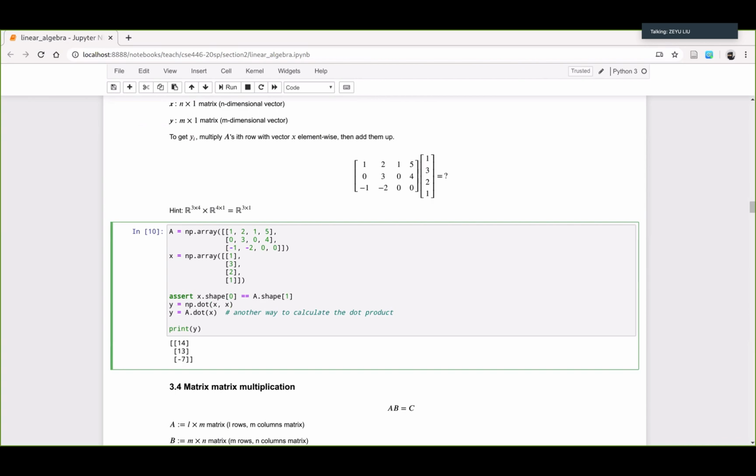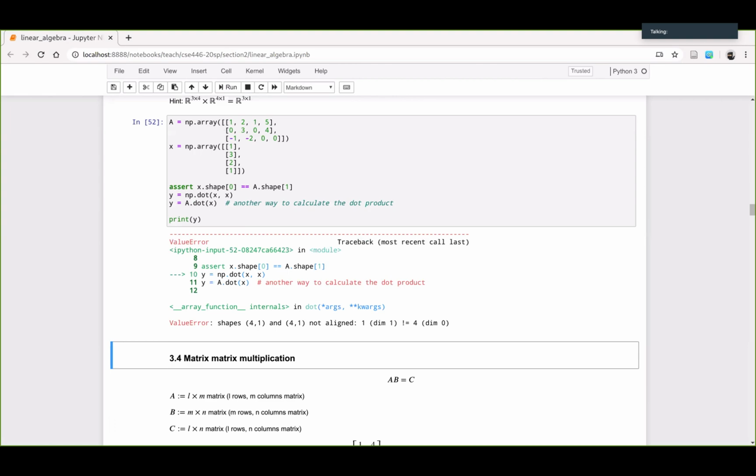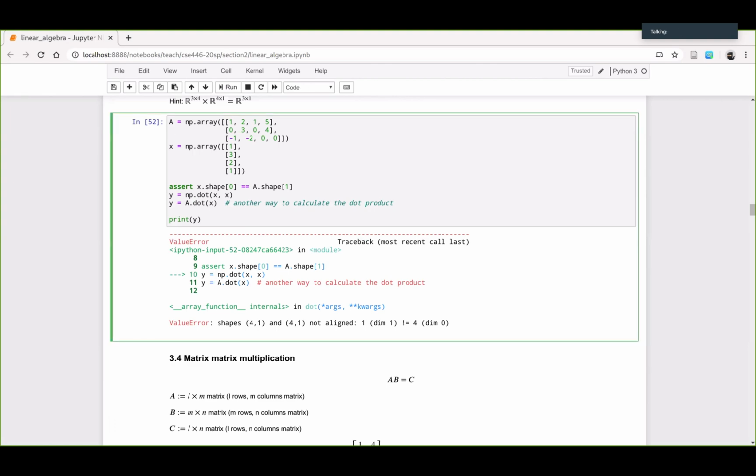But if you do this, it would just be a dot product between x. But here, x is... if you want to do a dot product between two vectors, you have to use a one dimension NumPy array. But here we have 2 dimension. So okay, let's go through it.